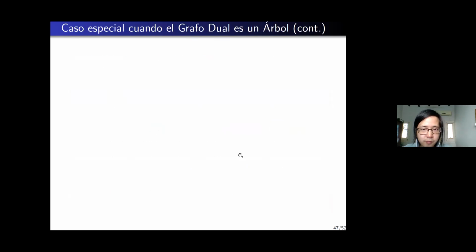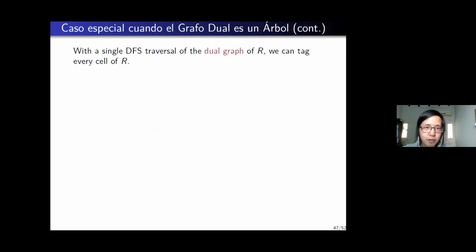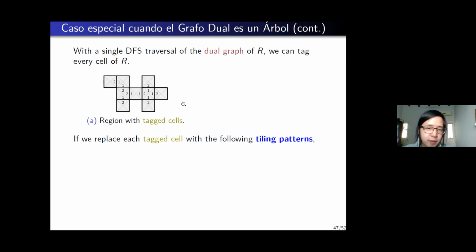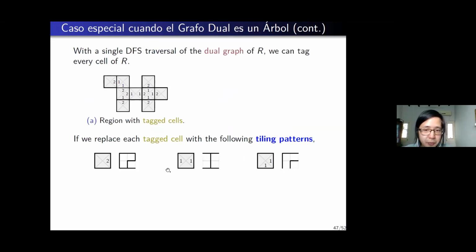and the algorithm of finding the tiling of the tetrasected region is by running a depth first search traversal on the dual graph and computing the tag of each cell. Then we replace the tagged cell with the following tiling patterns.